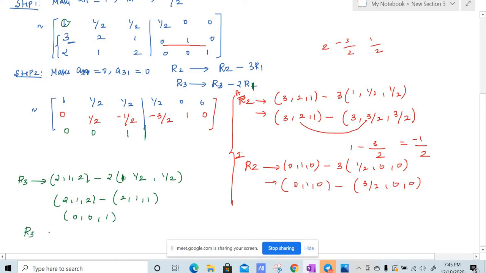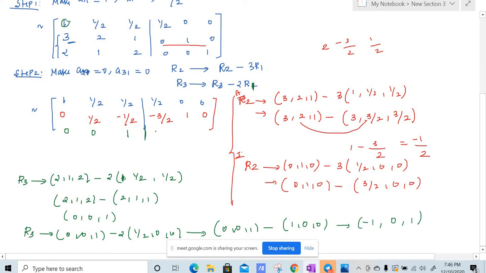So for here R3 will be R3, so 0 0 1, R3 minus 2 times R1, so 1 by 2, 0 0. So this will be 0 0 1 minus 1 0 0, and this will be minus 1 0 1.